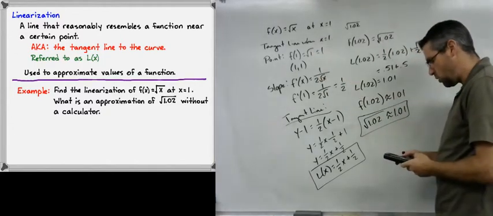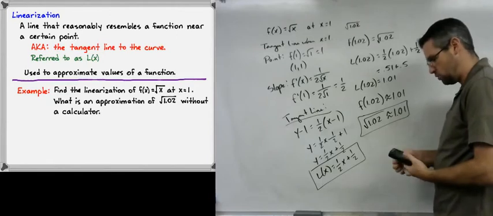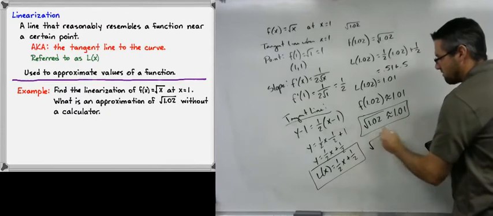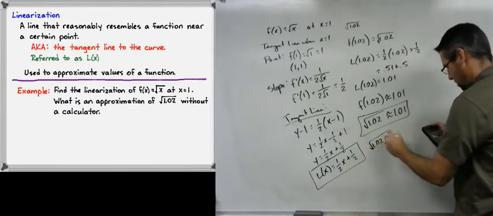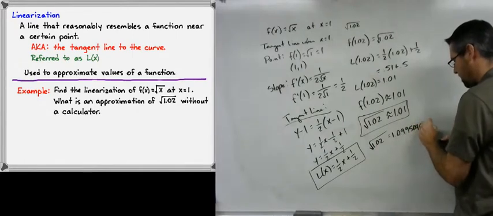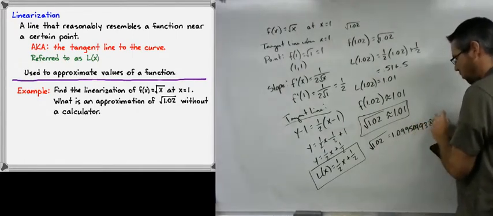We can type in the square root of 1.02, and we would end up with a more exact value, I should say, of 1.0995049384.